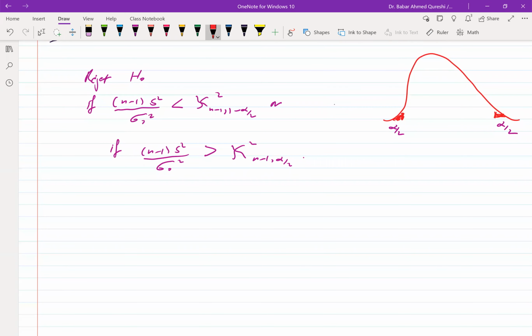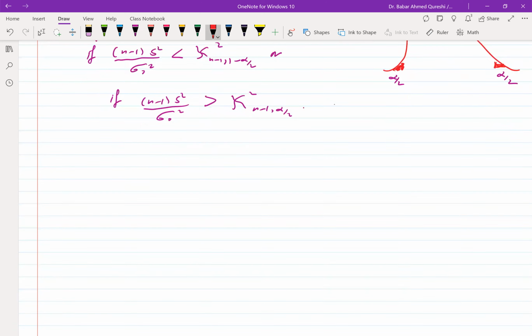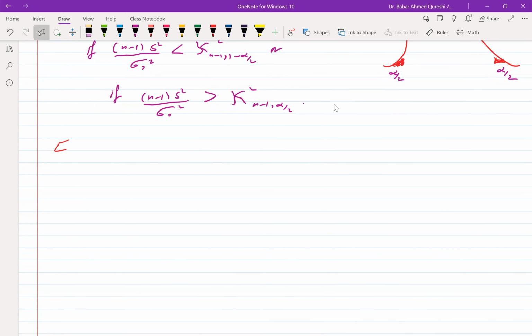So we can do an example. Suppose you have certain boxes which are filled and there's some impurity.